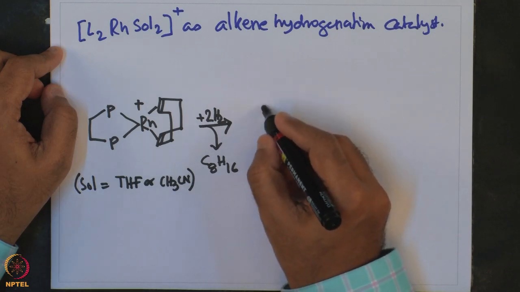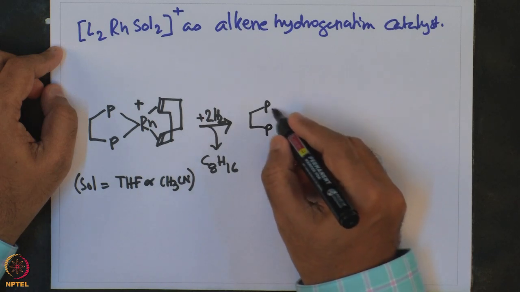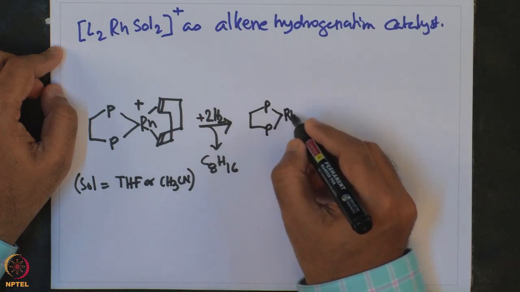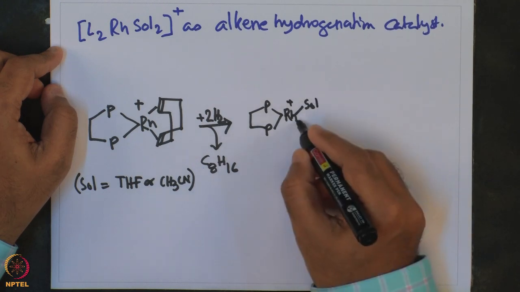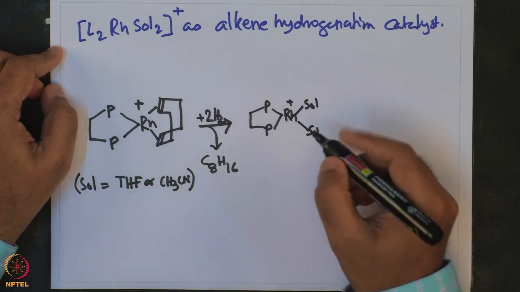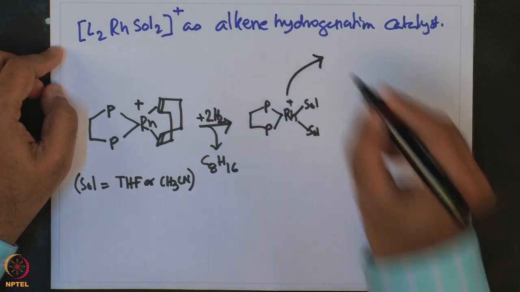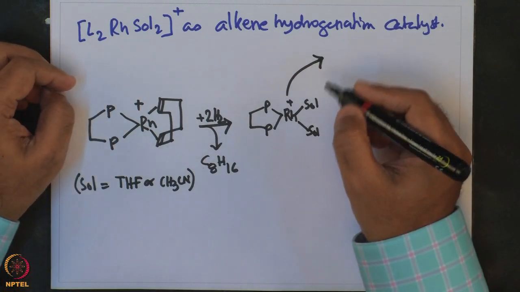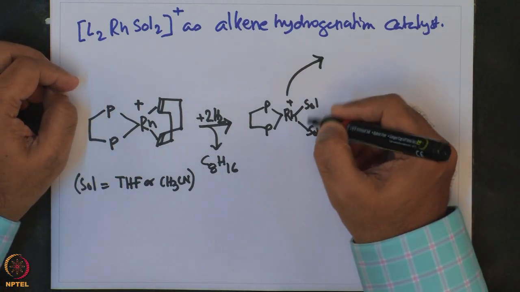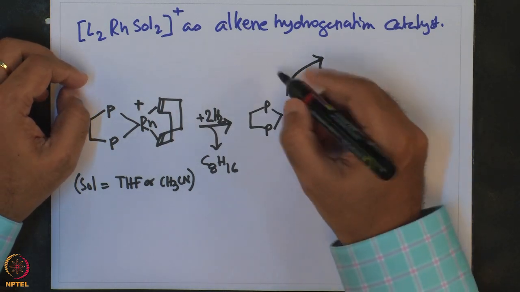This gives the solvated chelating phosphine bound rhodium plus.